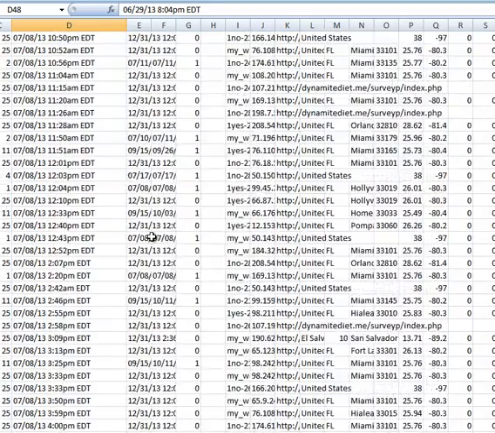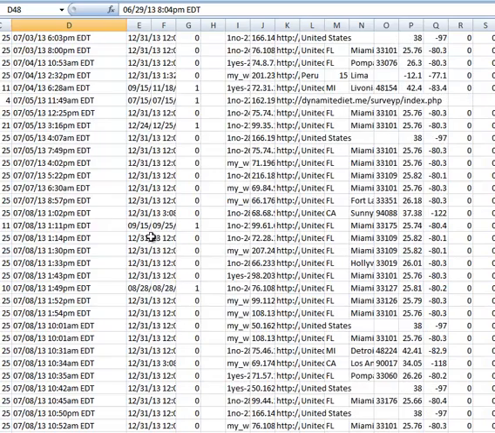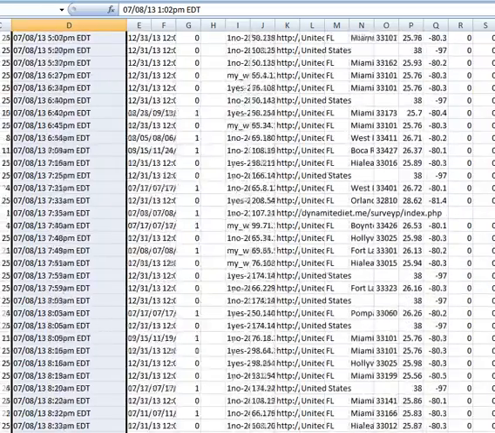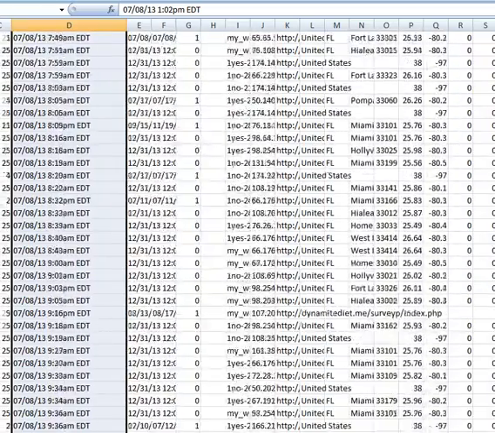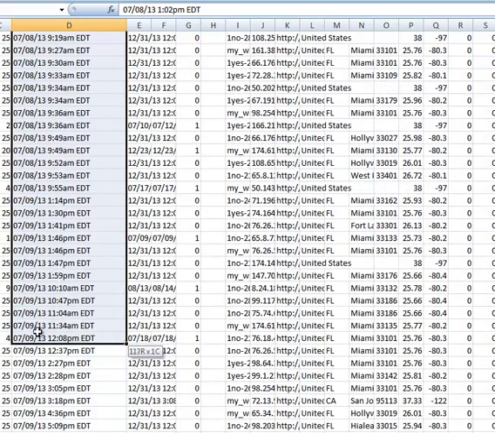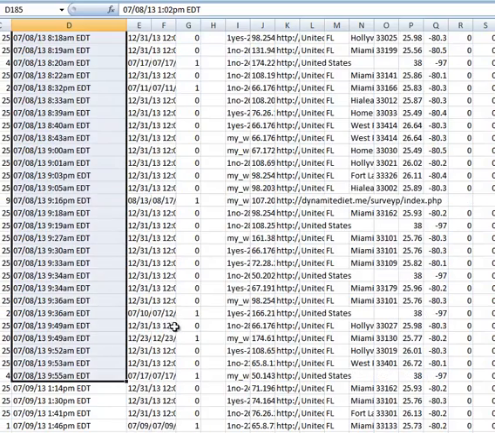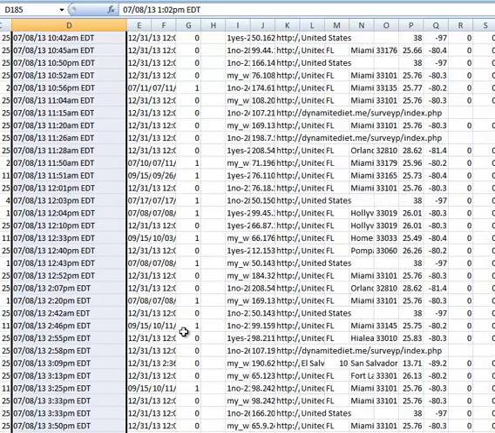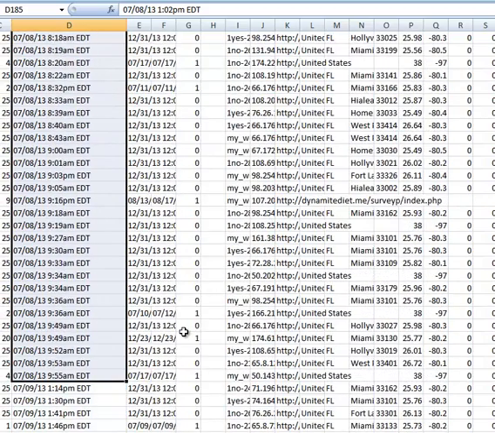Oh, 7-8 looks good. Let's look at 7-8. $185. Apparently this ad worked really well. So on 7-8 I got, it looks like, wow, 185 to 289.